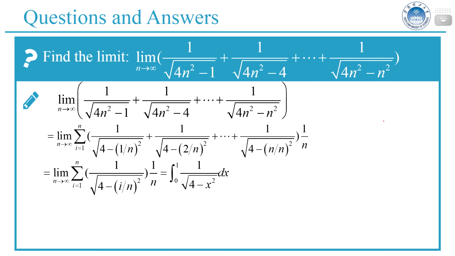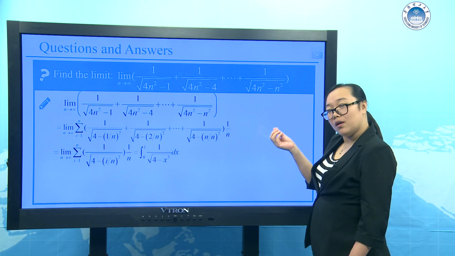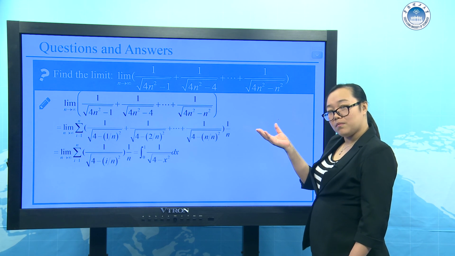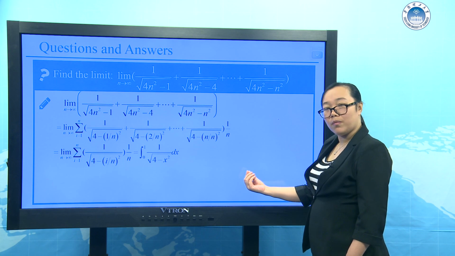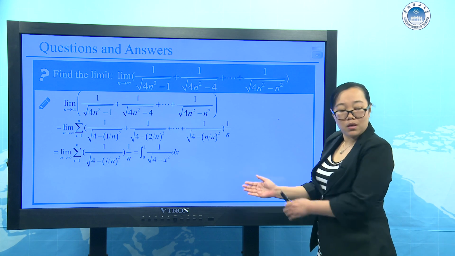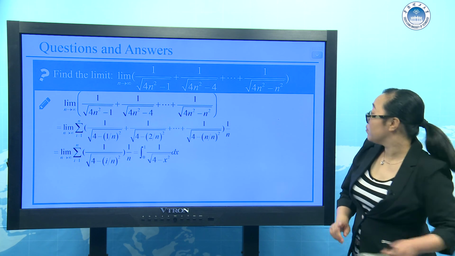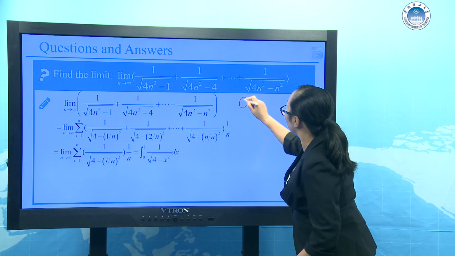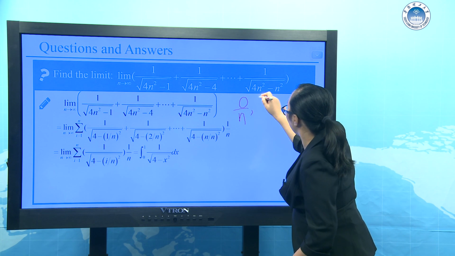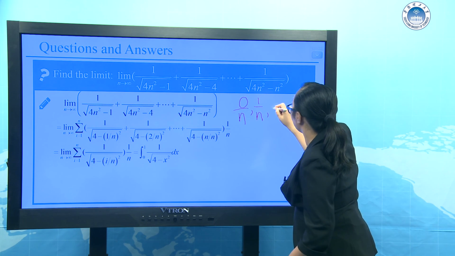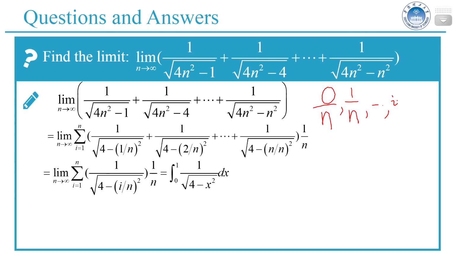So now, how to write the lower limit and the upper limit? Do you remember? Yes, 1 over n. It is our interval distance. In the first interval, the left-hand point means 0 over n. The left point, okay, 0 over n. Another point, 1 over n, until (i minus 1) over n, i over n.